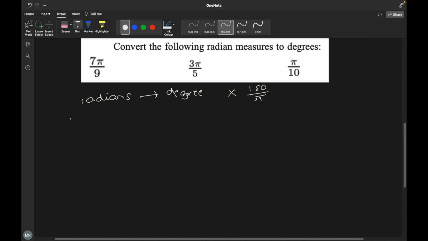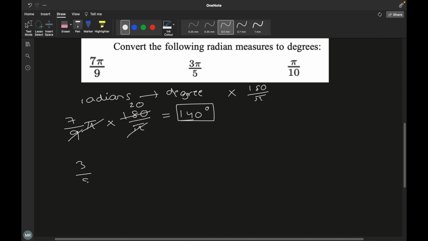Let's solve the first one. 7 by 9 pi into 180 by pi. The pi and pi get cancelled. Then 9, this will be 20. Yeah, 20. So that will be 140 degrees. So this is our first answer.